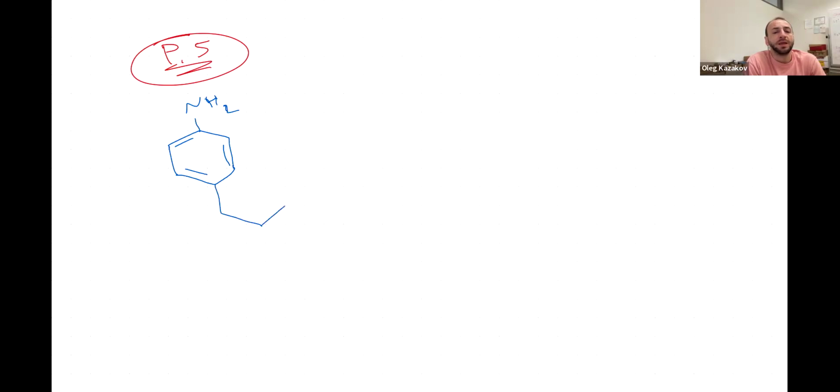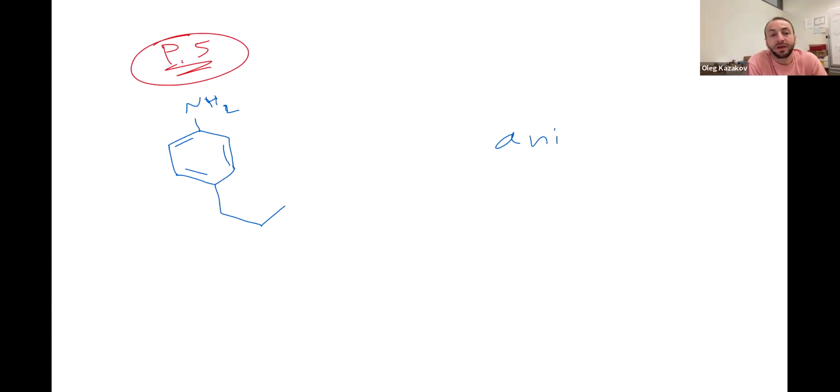Okay, so that's the one, another line angle structure, right? So then if you want to name it, let's throw the base name first. So it's going to be an aniline, right? Because of this phenyl ring or benzene ring, right?